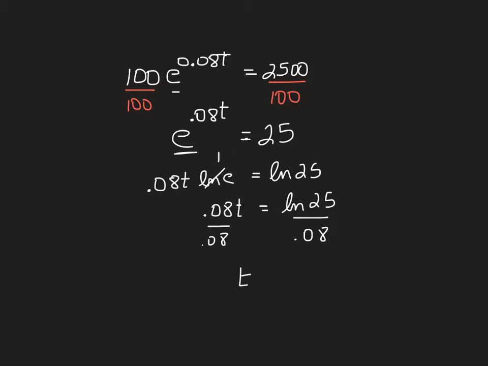And t, this would be your exact answer, but your approximate answer is going to be the natural log of 25 divided by 0.08, which is 40.236. If we round it to 3 decimal places, it's about 40.236.